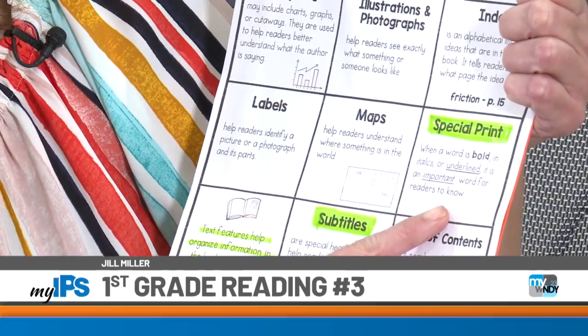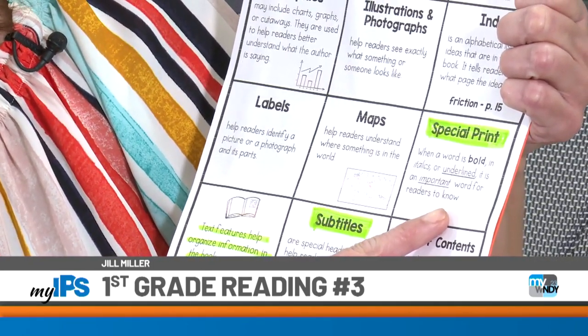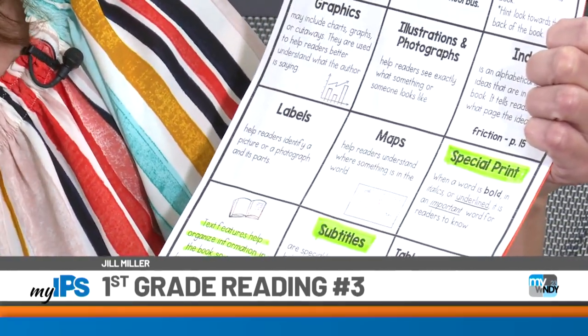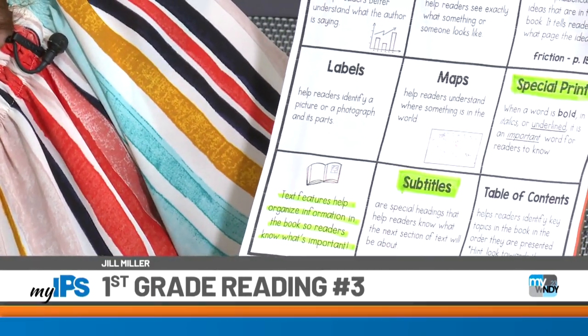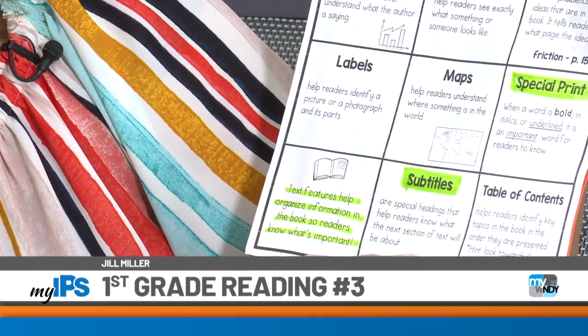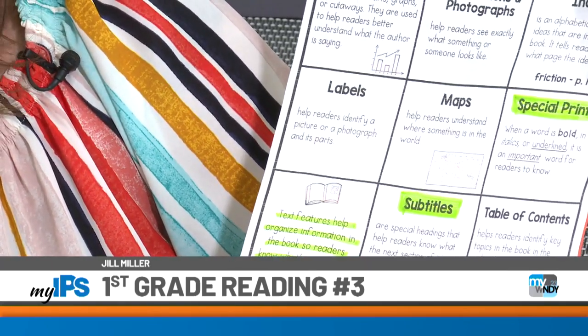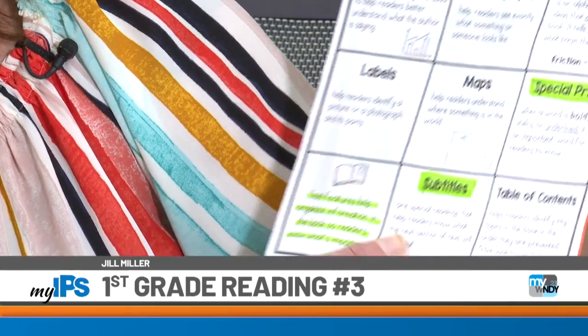Special print is when a word is bold or in italics or underline. It is an important word for readers to know. Also, subtitles are special headings that help readers know what the next section of the text will be about. So again, we're going to be using text features. Text features help organize our information in the book so you know what's important.